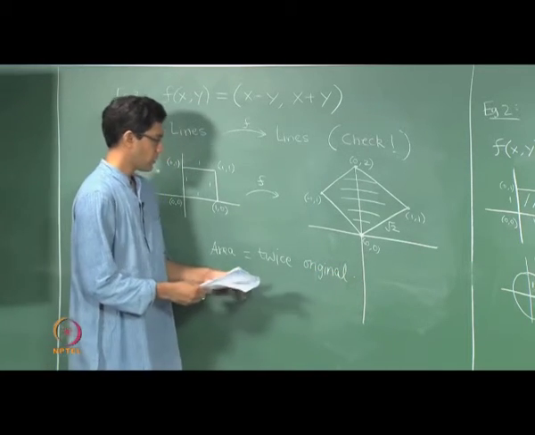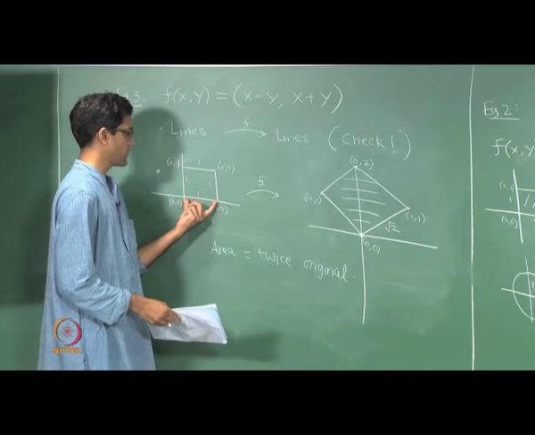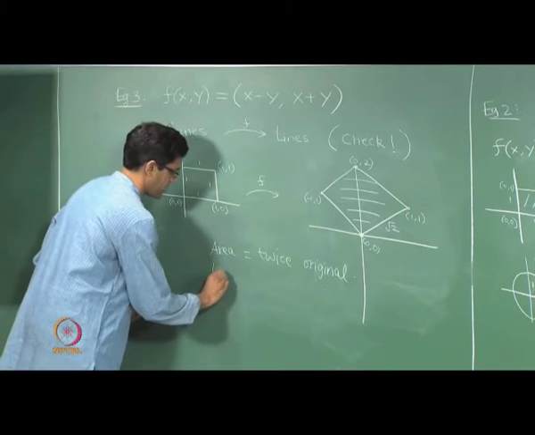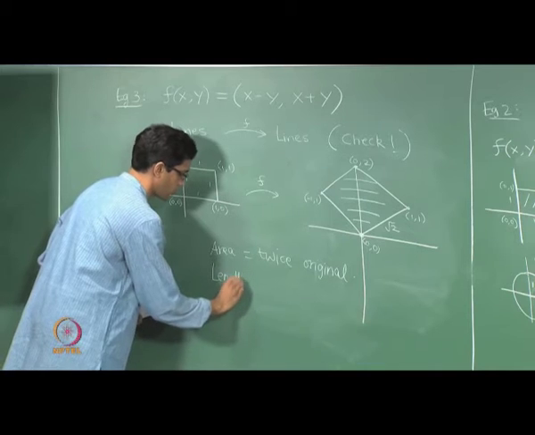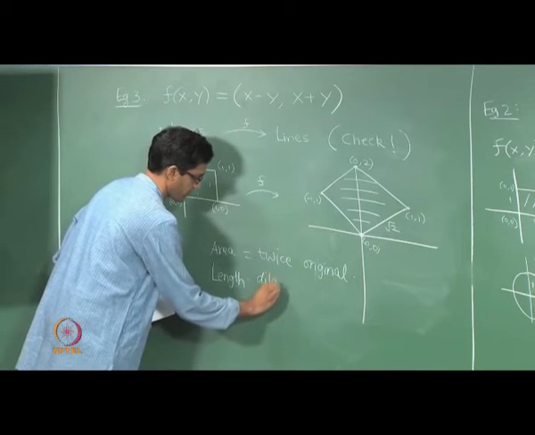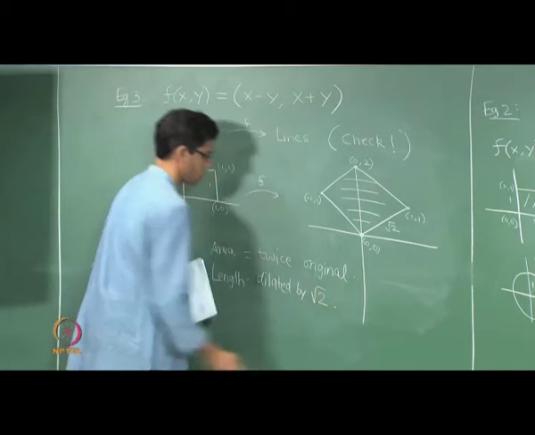And what else seems to be happening here? This was a line segment of length 1, and it mapped to a line segment whose length is square root 2 times that. So, length is dilated by a factor of square root 2.